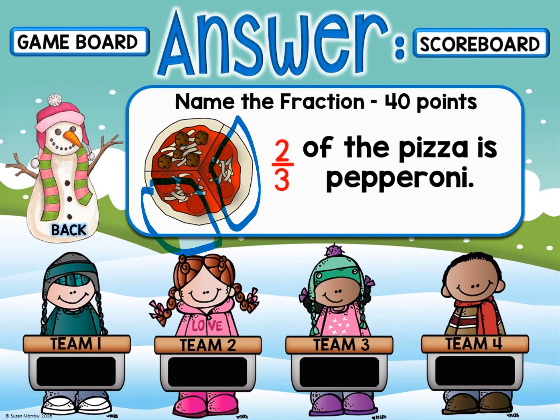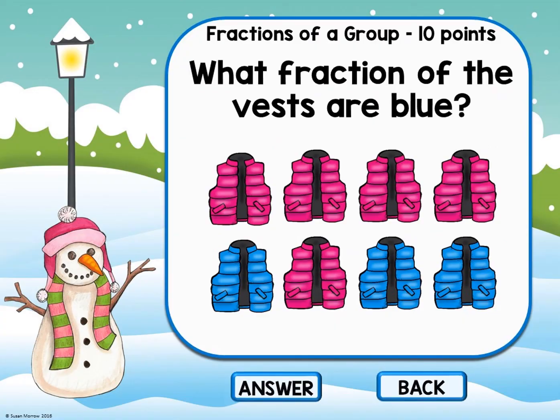All right, we're going to do one more question before we end our lesson. What fraction of the vests are blue? Count your total number of vests and put that as your denominator. Count the total number of vests that are blue and make your numerator.